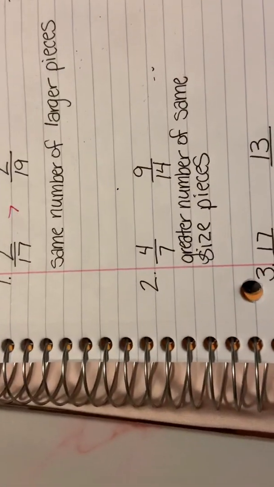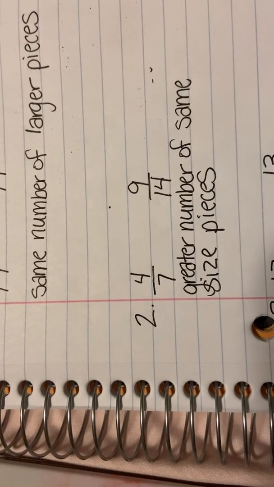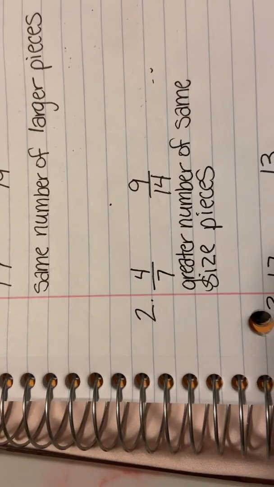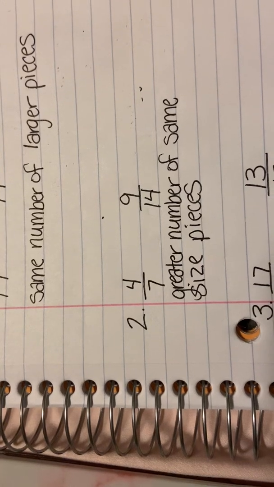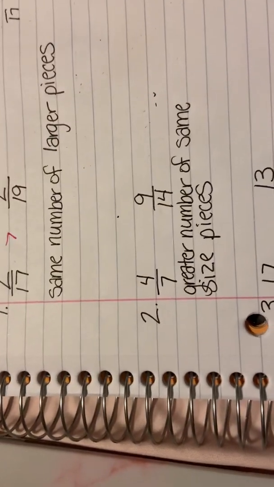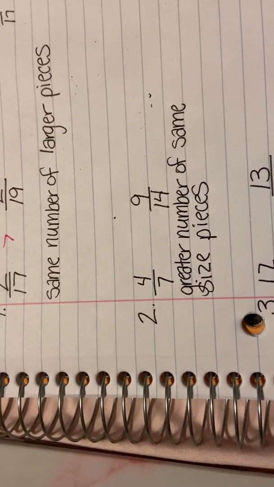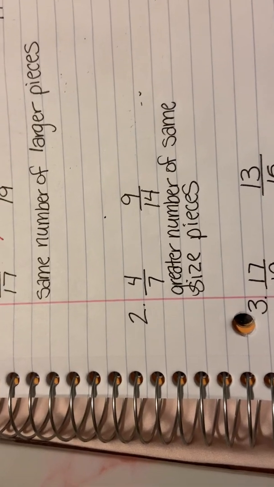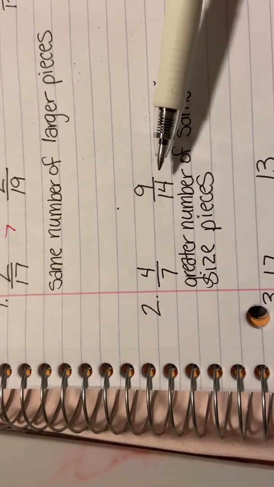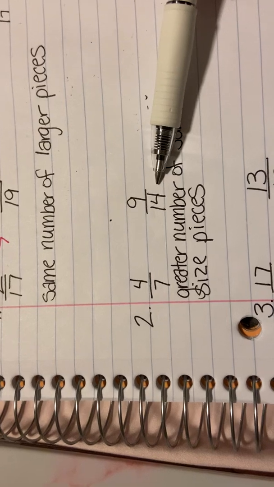Now we're going to look at comparing 4/7 to 9/14. Looking at these two fractions, the first thing to notice is that 4/7's denominator, or the bottom number, is 1/2 of the denominator for 9/14.